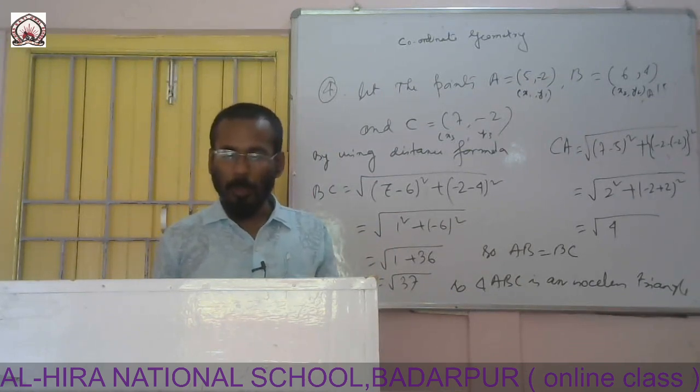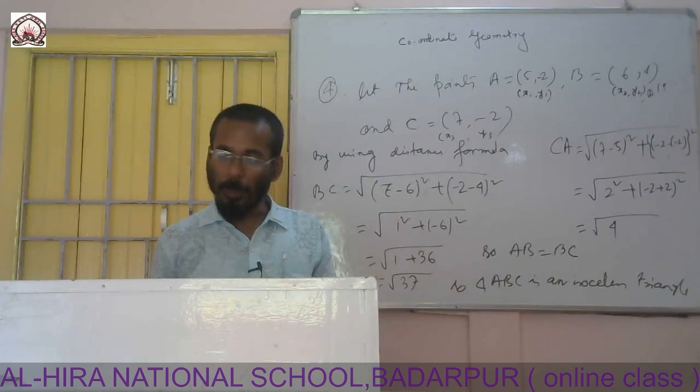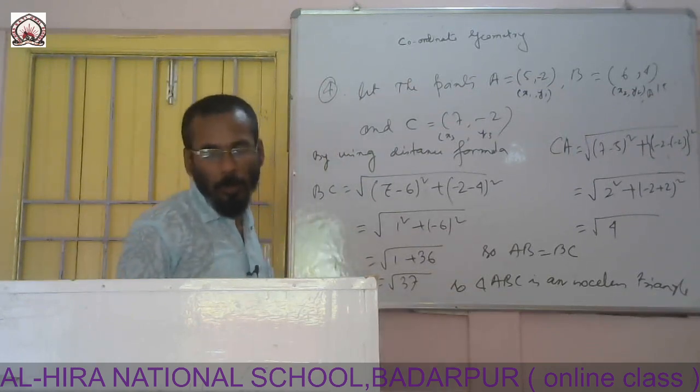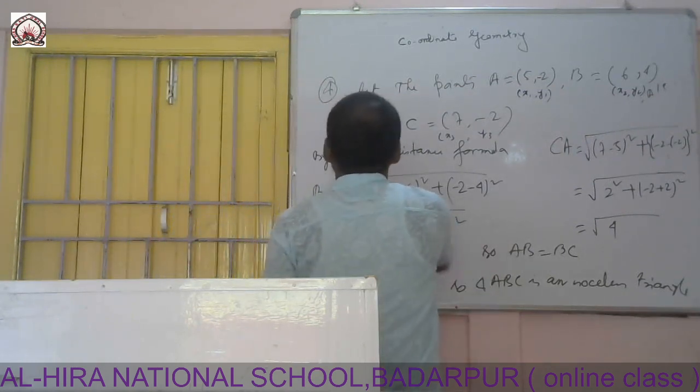So A will be (3, 4). Similarly, B will be (6, 7), C will be (3, 9), and D will be (6, 1). So first of all, we have to write the coordinates of the points A, B, C and D.